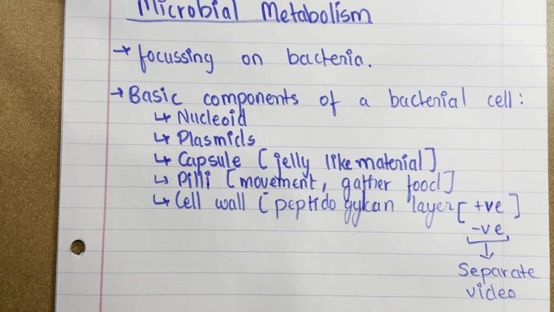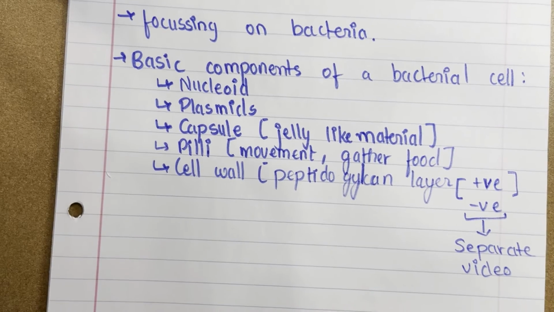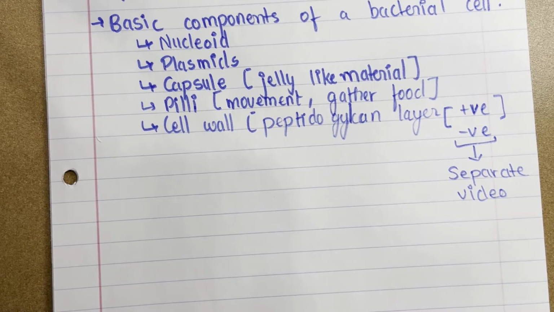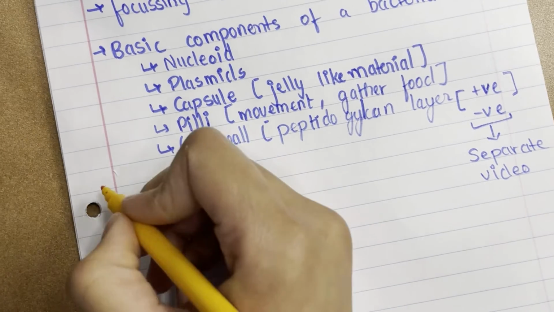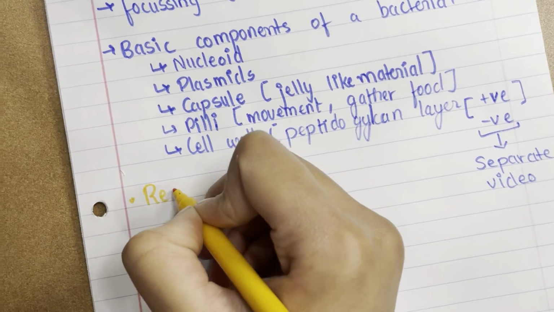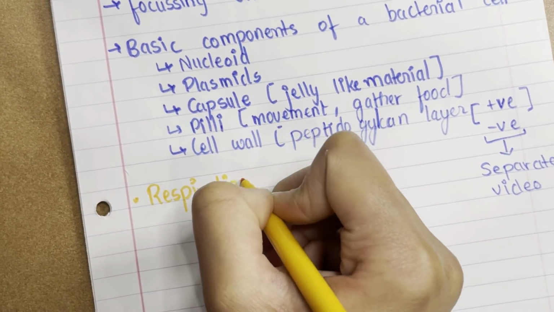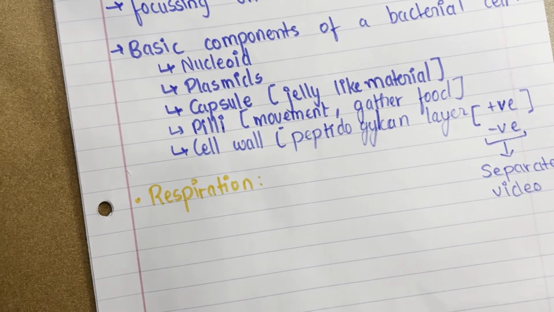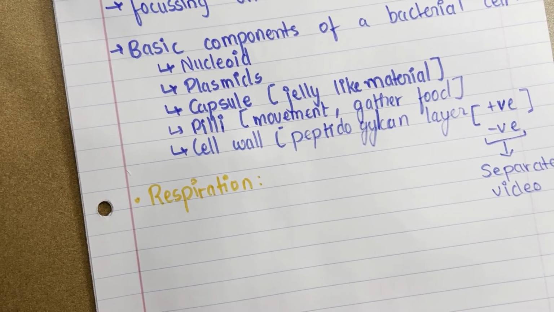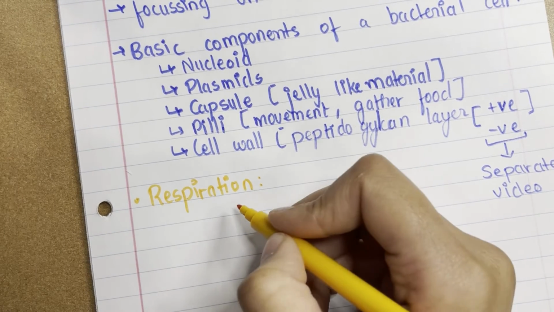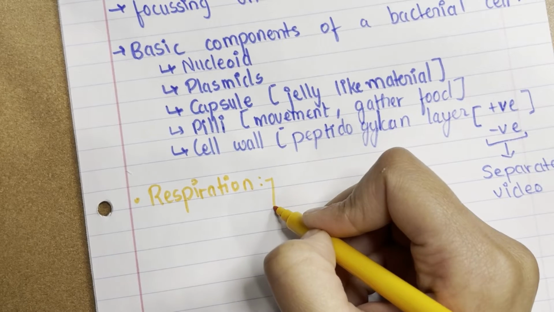Now let's move on to the processes that occur in a bacterial cell. So first of all, let's talk about respiration. Bacteria respire in two different ways.